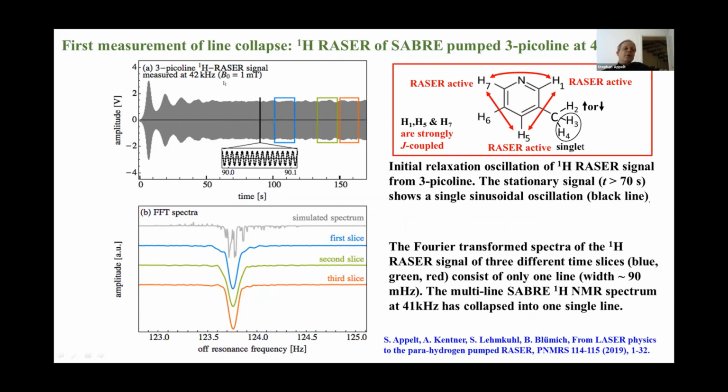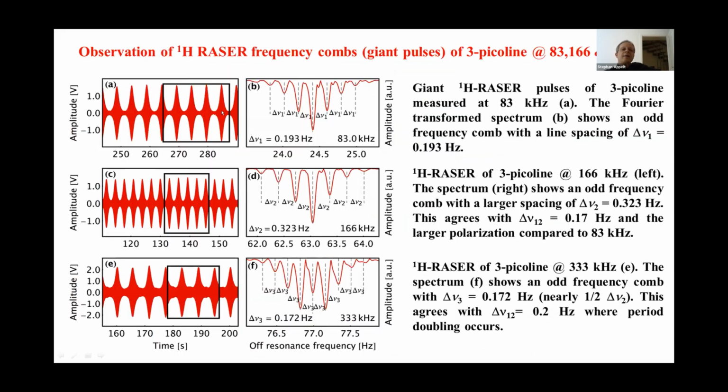Okay, but now if you increase the frequency, what happens is exactly what we expected. We expected that a frequency comb happens. These are the first frequency combs observed, to my knowledge, for a pH2 pumped RASER. This is a frequency comb, and it corresponds exactly to the theory. The spacings are really calculated and reflected even in the form here, the small line of the even or odd frequency comb.